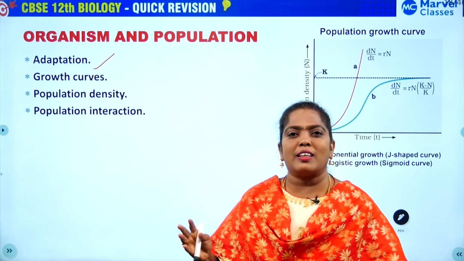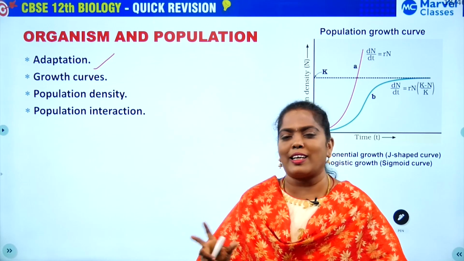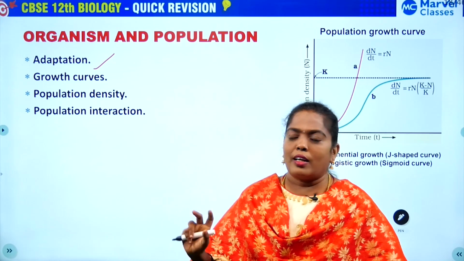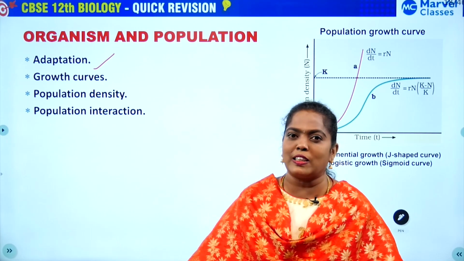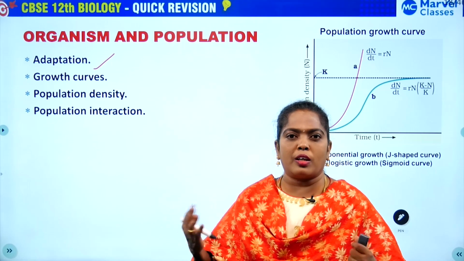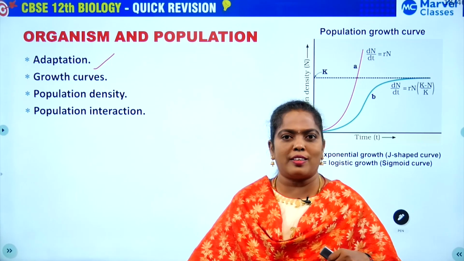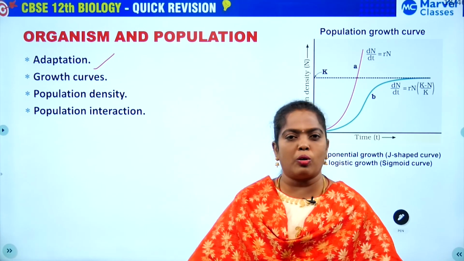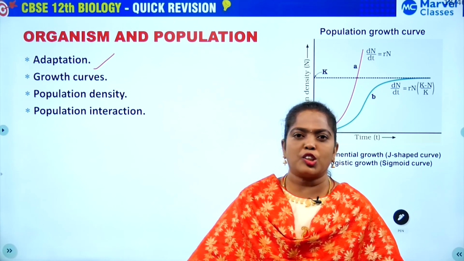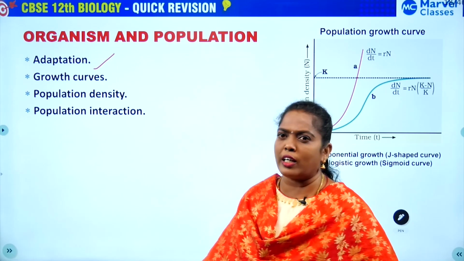You can learn this relaxedly. And also the behavioral adaptation of the desert lizard: whenever it feels cold, it goes and stands near the sun, and if it is very hot, it will burrow or go to a shady place. These are some of the adaptations.